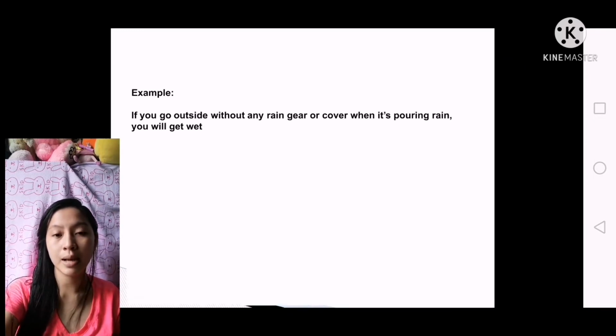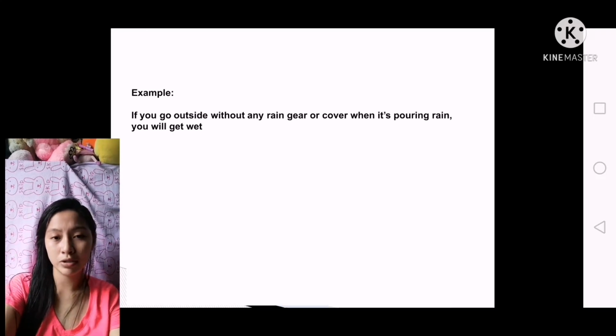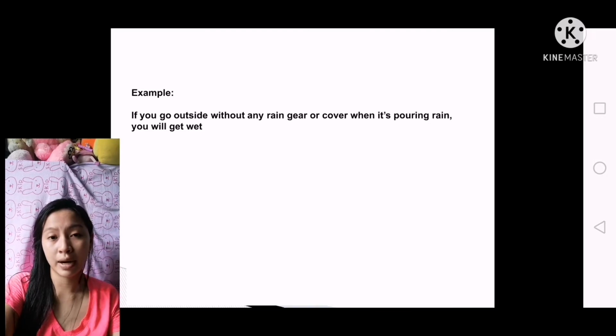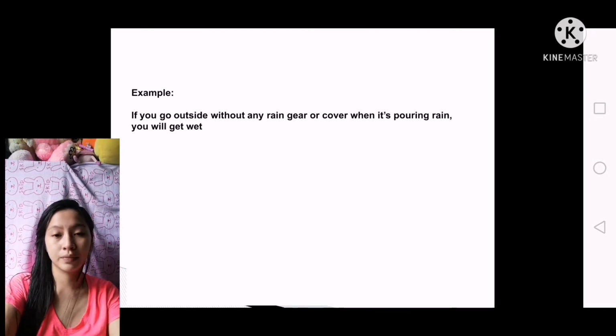Okay, so let me give you one example of a logical statement, and let us identify the hypothesis and the conclusion. For example, if you go outside without any rain gear or cover when it's pouring rain, you will get wet.